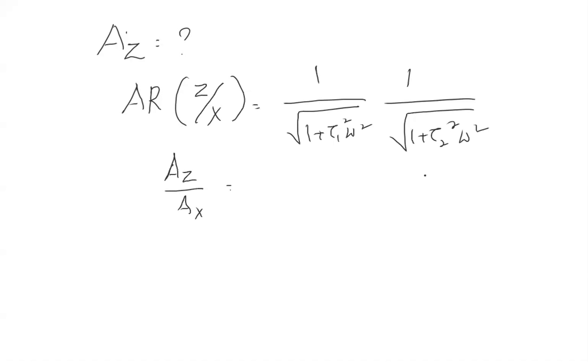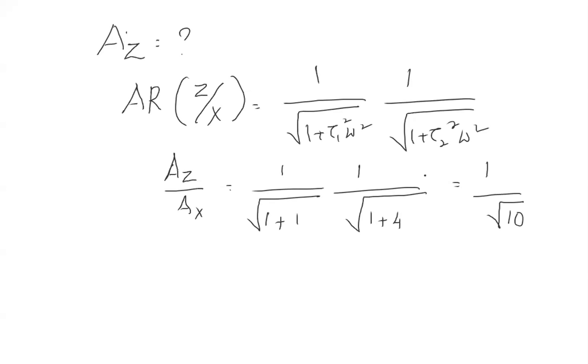What is tau 1? 1. What is omega? 1. Tau 2 is 2. So 1 by root 10. AZ by AX is 1 by root 10. AX is 2, so this is 2 by root 10.